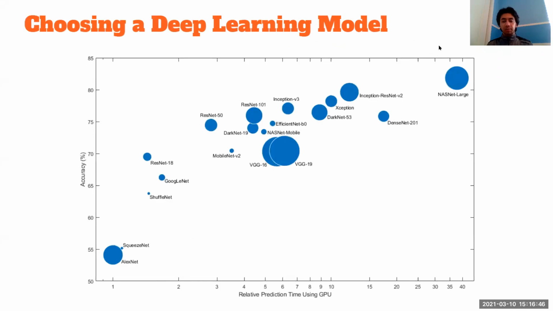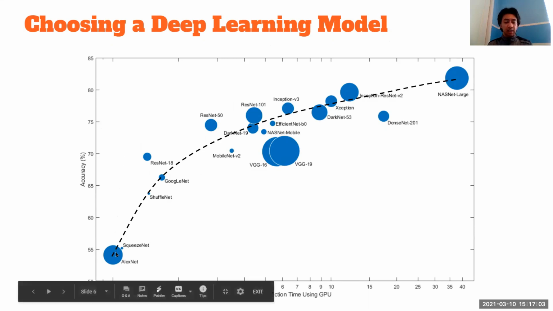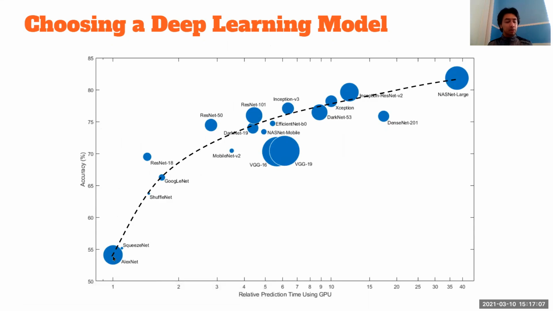There were several decisions I made for this project, the first of which was choosing a deep learning model. As you can see from this graph and from this line, as you increase your accuracy, you're going to get slower prediction times. For example, if you're going to use AlexNet, which has about 55% accuracy, you're going to have a really fast neural network.